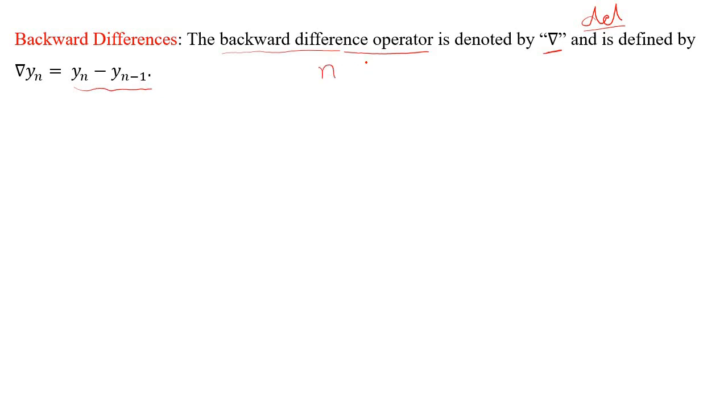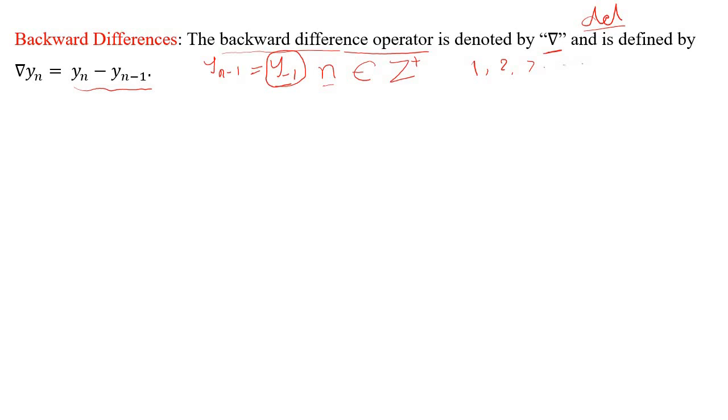Here also n is a positive integer, meaning I can take n equal to 1, 2, 3, etc. I can't take 0 because when I take n equal to 0, yn minus 1 reduces to y minus 1, which is not defined. So n starts from 1, 2, 3.